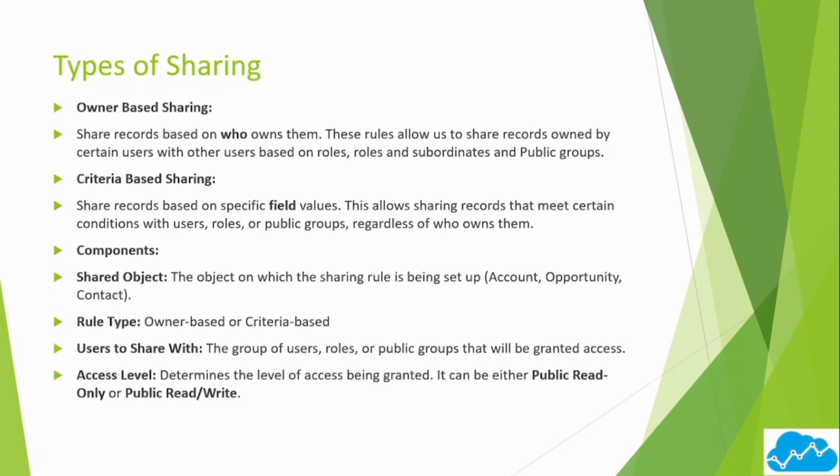Next, the rule type. Which type of sharing are we going to use, owner based sharing or criteria based sharing? Next, users to share with. To whom are we going to share those records? They may be a group of users, roles, or public groups that will be granted access.